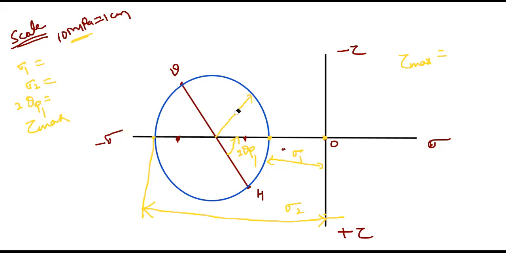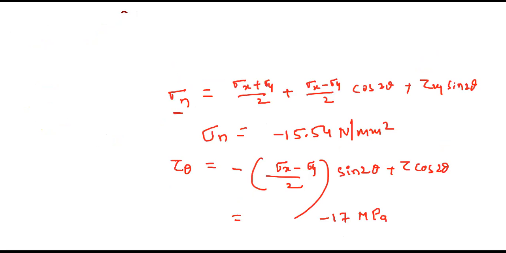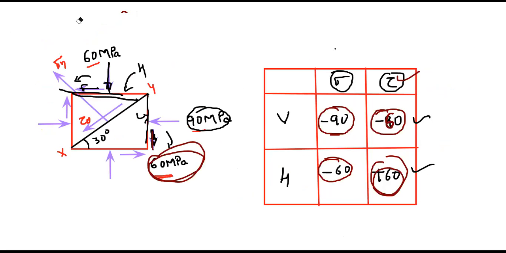Once we get this, the next and most important step is to determine the stresses on a plane which is inclined at an angle of 30 degree. If you go to this two-dimensional diagram, the angle present here, 30 degree, is with respect to the horizontal plane, but we need to take it with respect to the vertical plane.